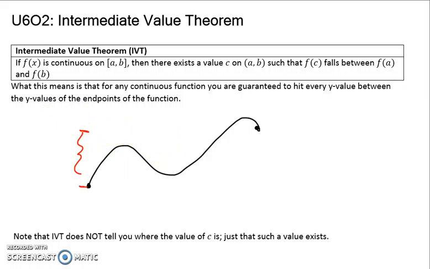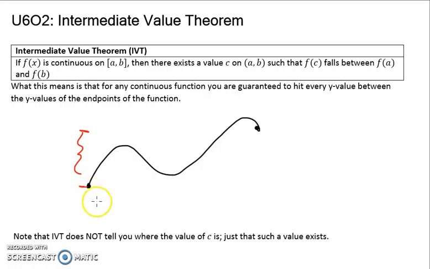Now, it doesn't say that all the y values are going to stay in between those two. Over here, we go above this endpoint's y value. But what we're saying is if I connect two endpoints with a continuous function, I'm going to hit every single y value in between those two.